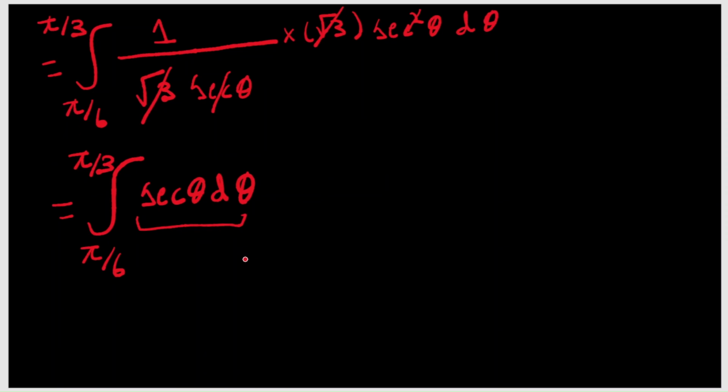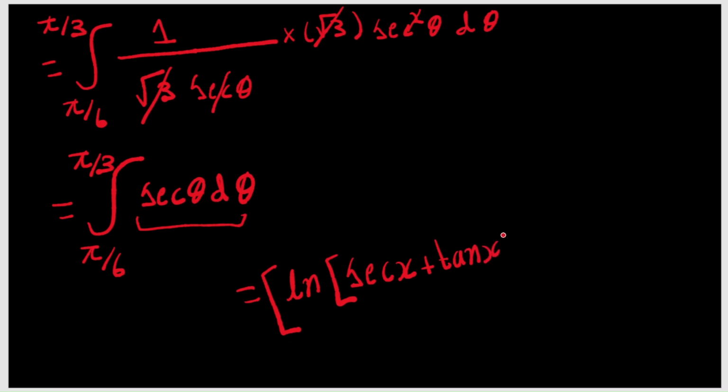So we have ln sec x plus tan x, from pi by 6 to pi by 3. I hope you understood that part.